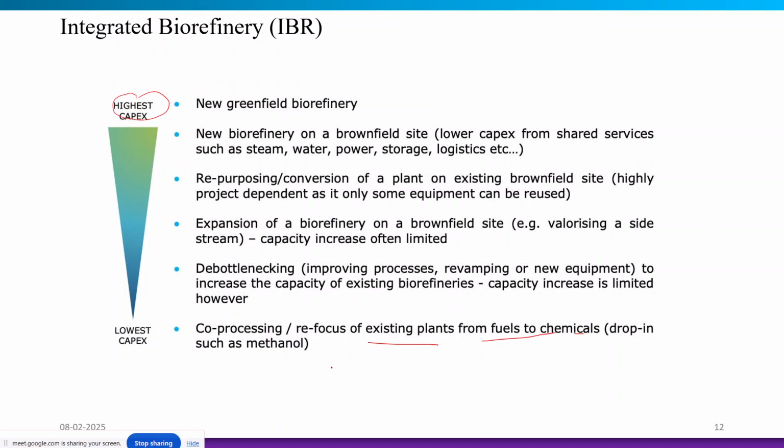From there we can minimize the capex. We can opt for the lowest capex out of the system. So this is the kind of strategy we need to follow for integrating biorefineries to produce a lot of chemicals, while also keeping the investment low by integrating these refineries.